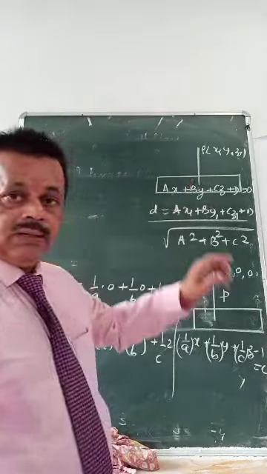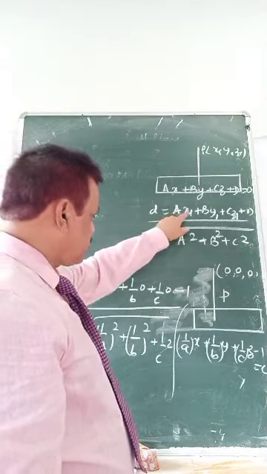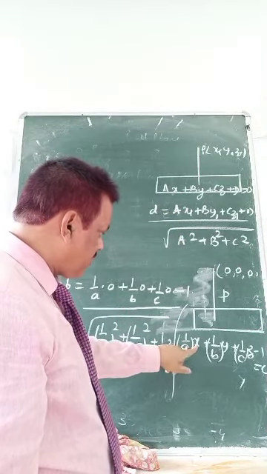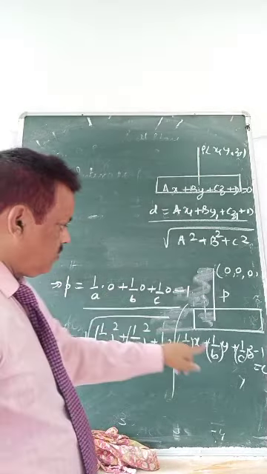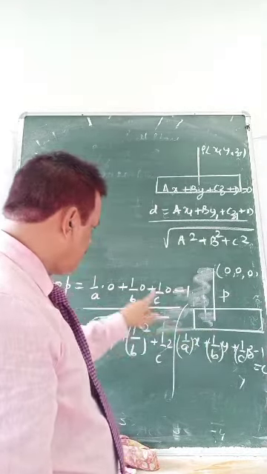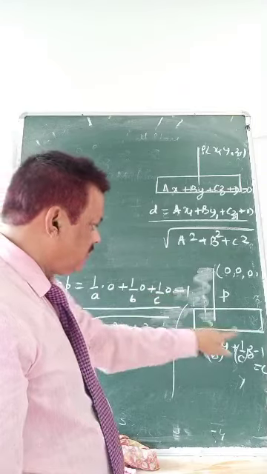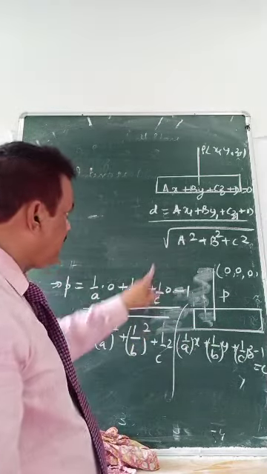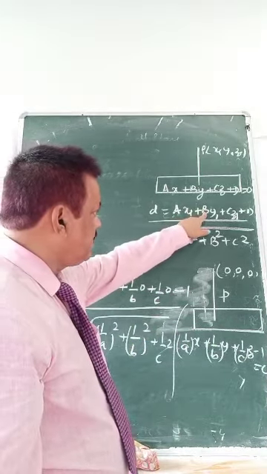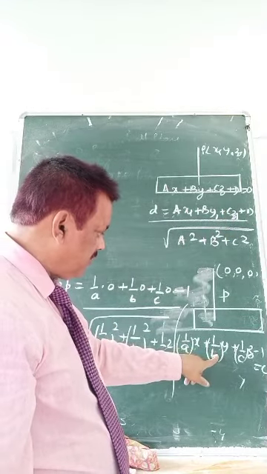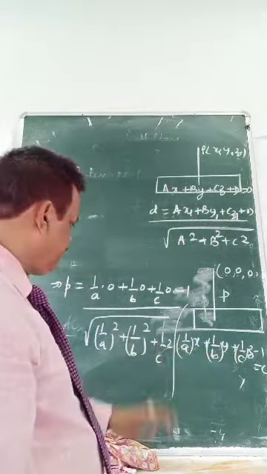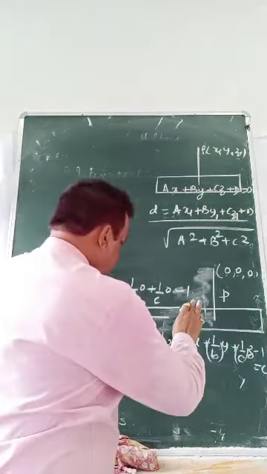Compare now: a x1 means (1/a) x1, and x1 is 0. So (1/a)(0) + (1/b)(0) + (1/c)(0) - 1 divided by root of 1/a square plus 1/b square plus 1/c square.